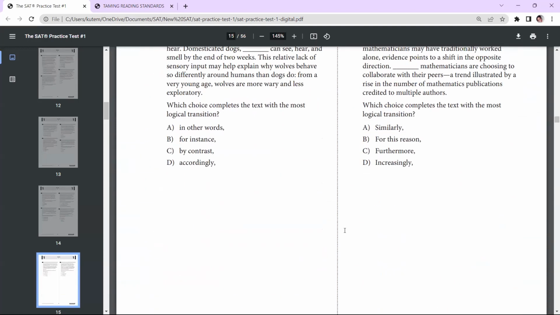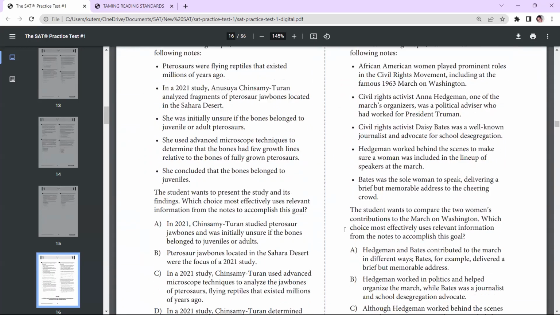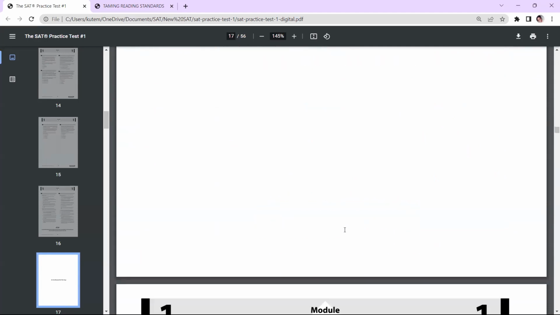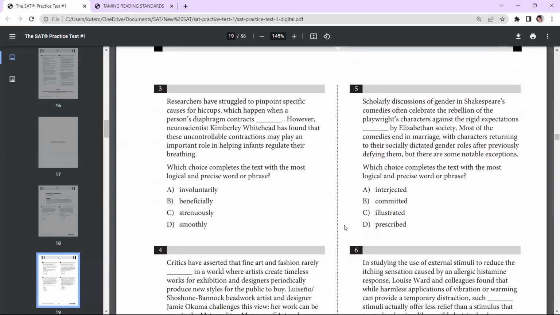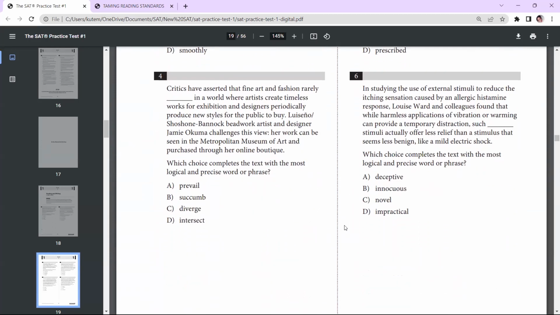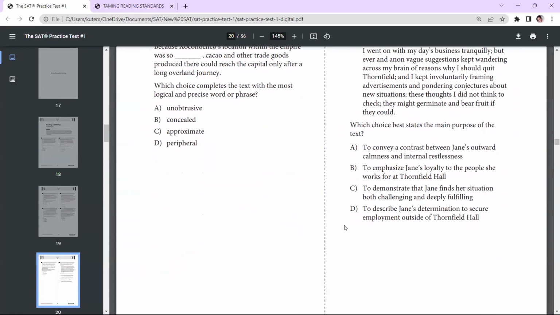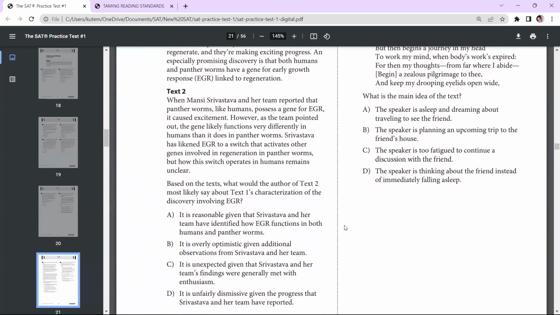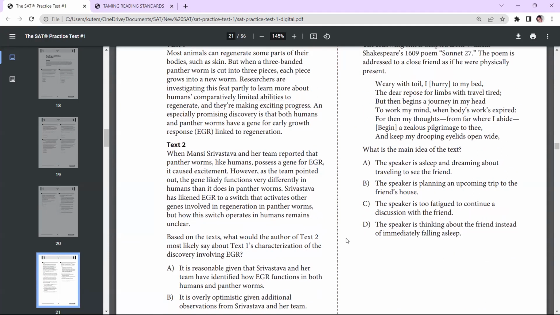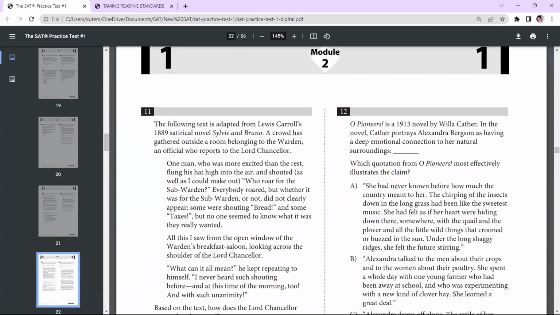Writing too. It seems like the last portion is all writing. So let's see the second section. Most precise, that's writing. Most precise. Main purpose. Okay, here we go. Oh no, this would be inference. This is main idea.